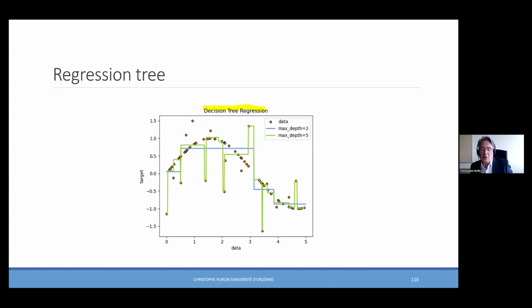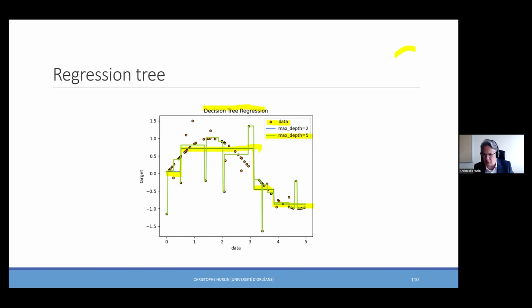This is the prediction of y issued from a model with a max depth equal to 5 and a max depth equal to 2, whatever. And this is the training data set. Let us consider, for instance, the model with max depth equal to 2. So what is this type of output that we obtain?